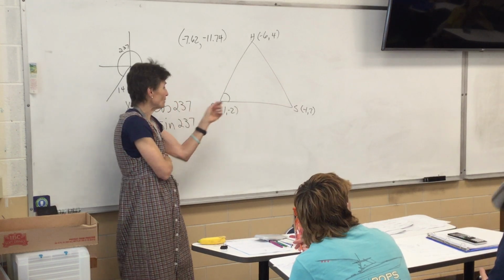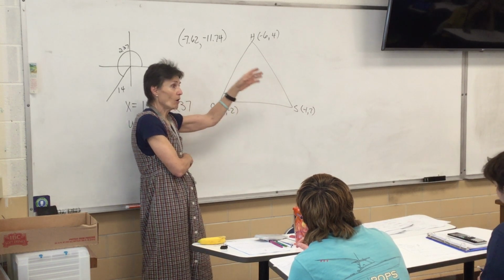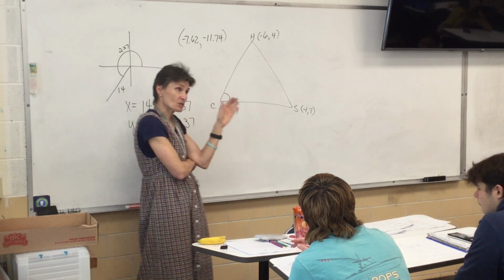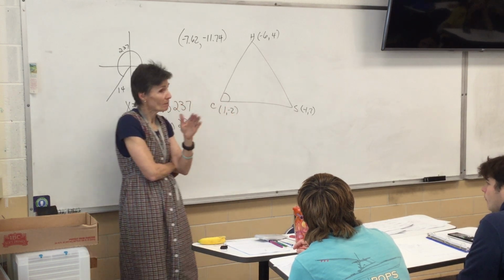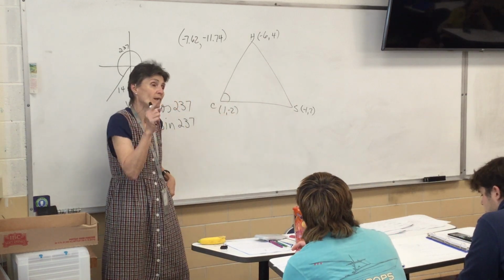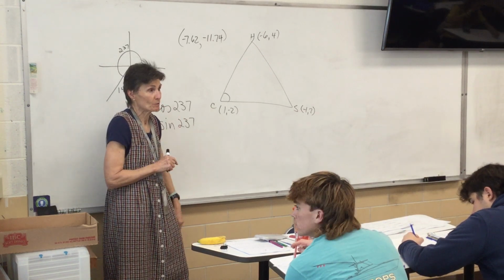Because what's going to happen when I start finding the lengths of these sides? They're all going to be radicals, and some of that's going to get squared out in the law of cosines, but some of it's not, and that's okay. If you want to do the problem that way, it will 100% work every time. Okay? I'm going to give you another option.